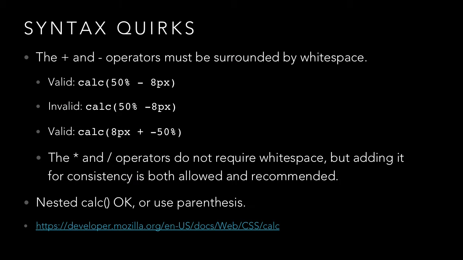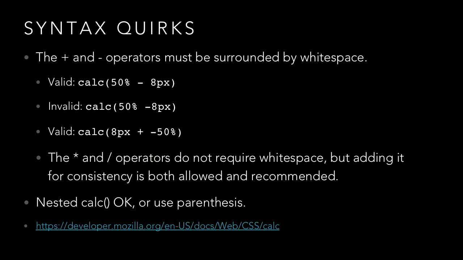A few little syntax quirks that you should know about with calc. It is very space sensitive. Okay, so if you're trying to say subtraction, make sure you put spaces all the way around the minus sign. Otherwise, it'll think, say, 50% negative 8 pixels. Right? Doesn't know what to do with that. It fails.